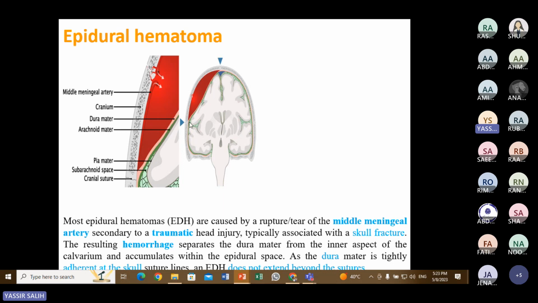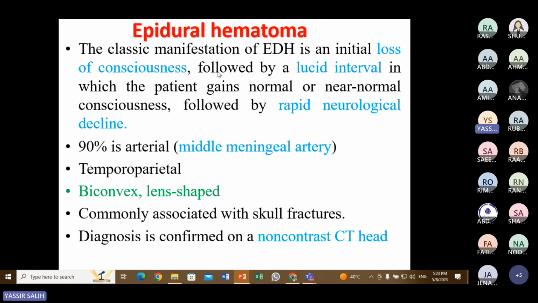And the inner part is also convex, so it is biconvex. This is the shape of the blood, and it is commonly associated with skull fracture. So there is usually a history of trauma. لذلك this epidural hematoma commonly presents with skull fracture.